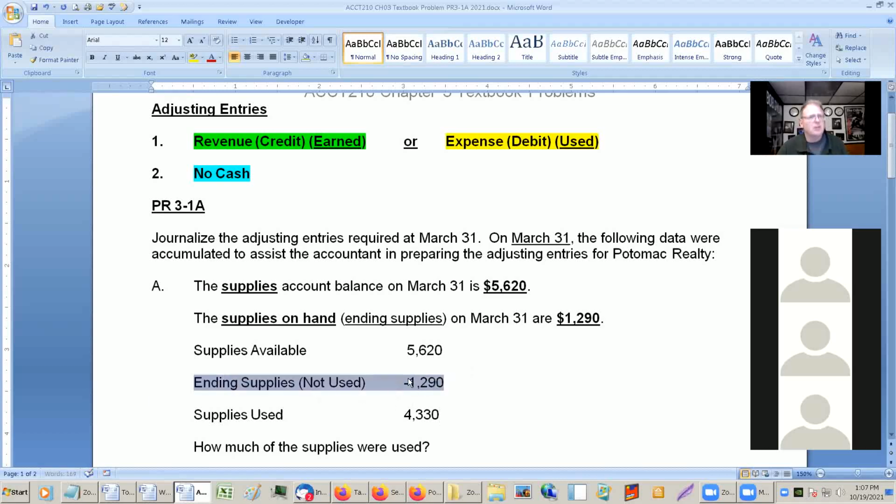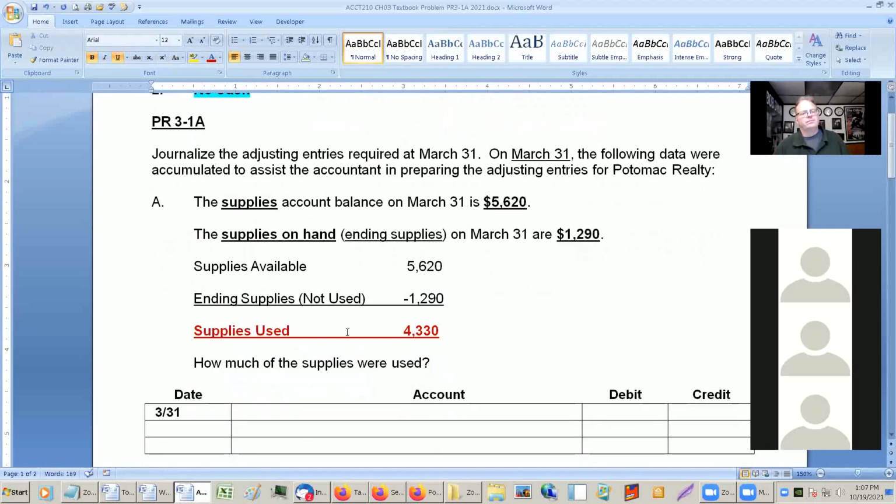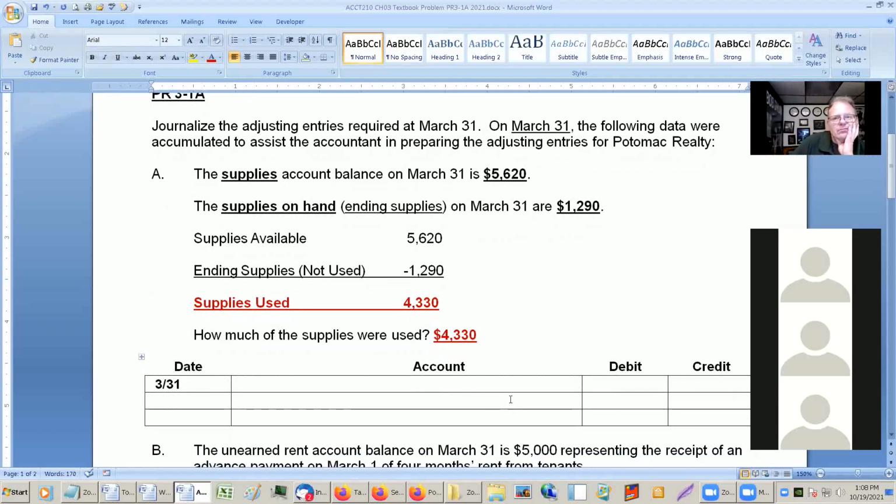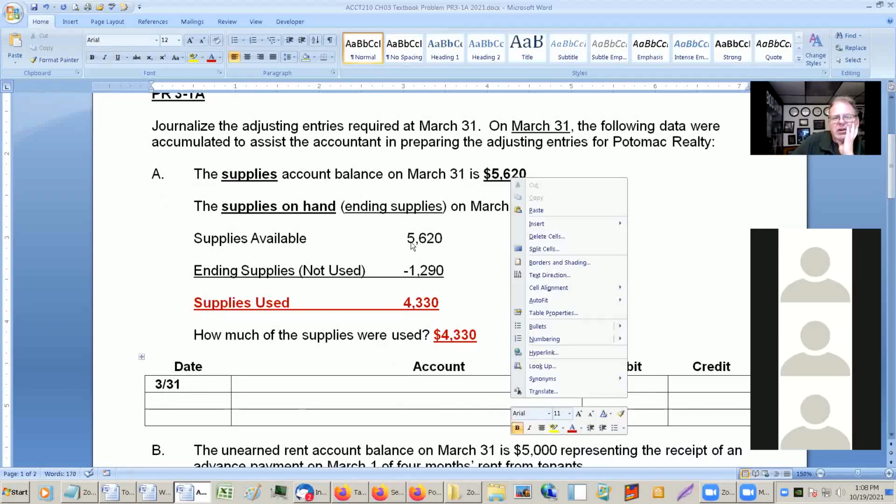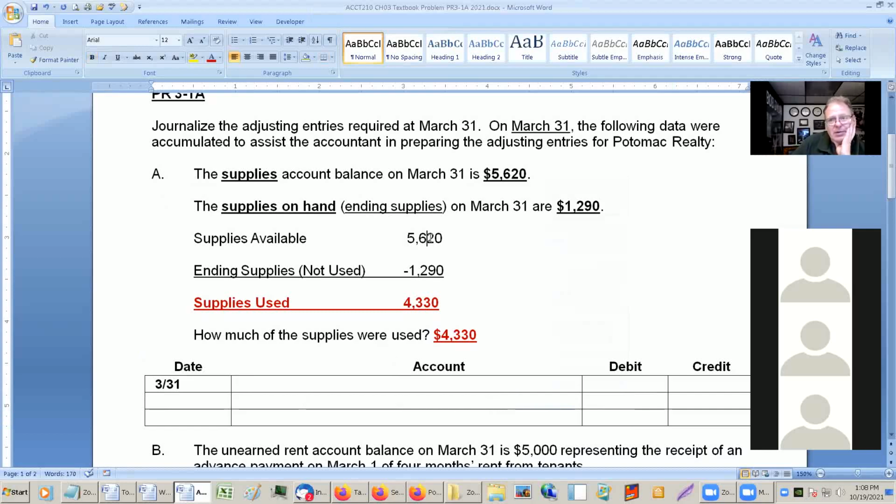Yeah. Okay, so that supplies account has 5,620, so we have to take the supplies out of that account. We have to take out what we used up. We used up 4,330, so that would be.